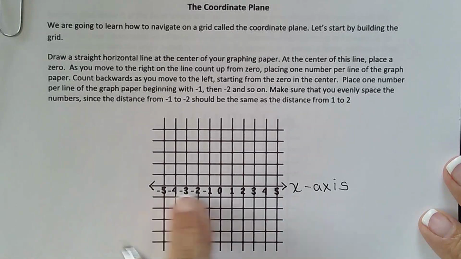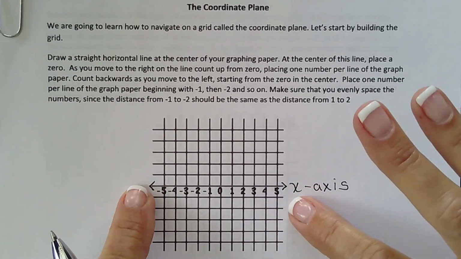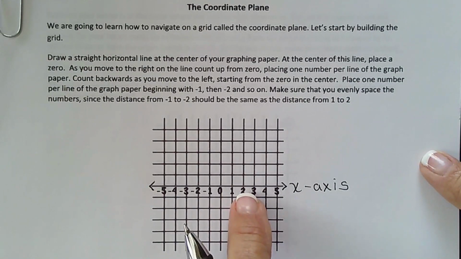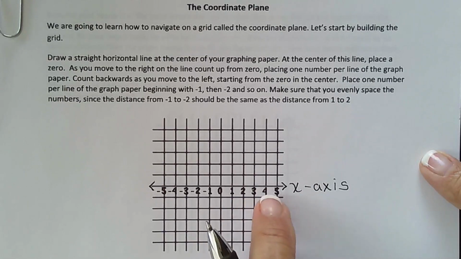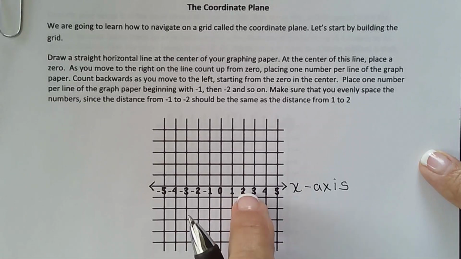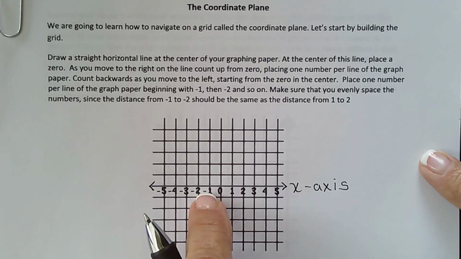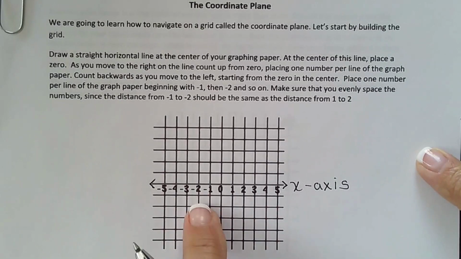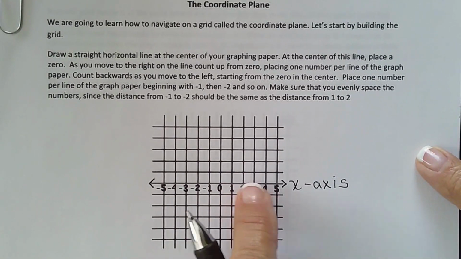So it's just a plain everyday number line, but it's just being placed on the grid. And we do have to make sure all of our, what would you call those? All of our intervals are the same. So if you wanted to go by 2 here, for instance, 0, 2, 4, 6, 8, you have to make sure you go by 2 here because every interval on the x-axis has to be the same. So for this one, all of our intervals are 1.